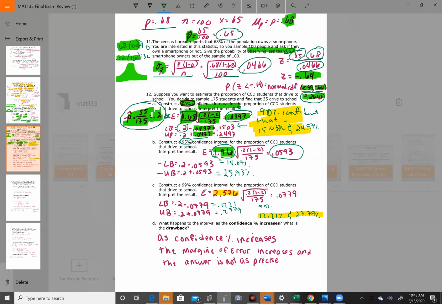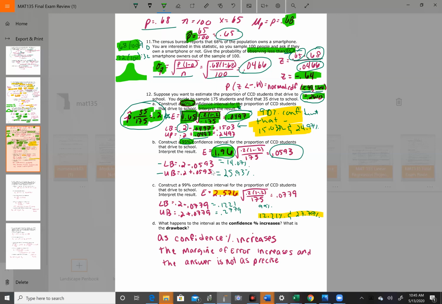Okay, you are doing the same exact thing for B. I'm not going to go over the whole thing, but our margin of error uses the number 1.96 instead of 1.65 because we want to be 95% confident. So your margin of error is going to go up, which is going to give us a greater range.